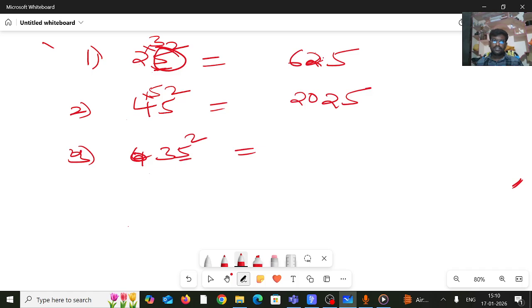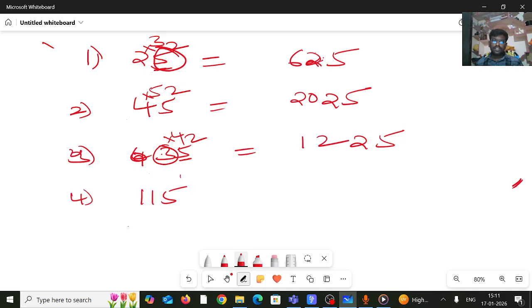This is also 5 square in the ones place. 5 square 25. First digit is 3. What is the next number of 3? 4. 3 into 4, 12. 1225.